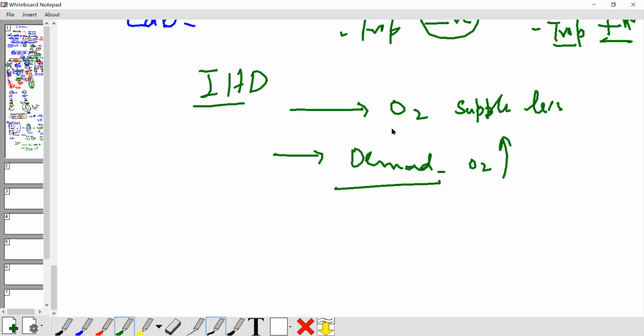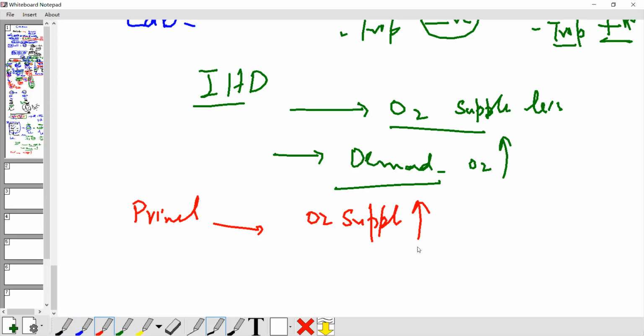Demand is high and supply is less. So what will be your principle? How can you treat this? You must increase the oxygen supply and decrease the demand.